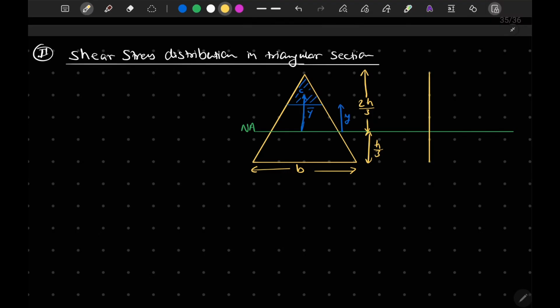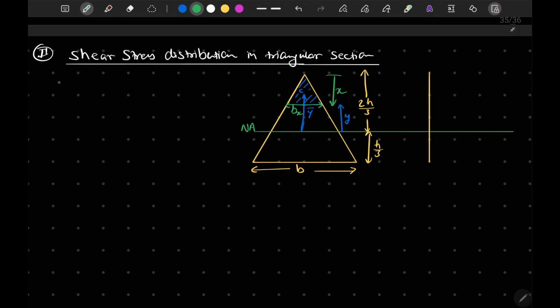Now let's say this distance from the top is our x, and the strip width at this section is bx. So at this section, the strip width is bx.